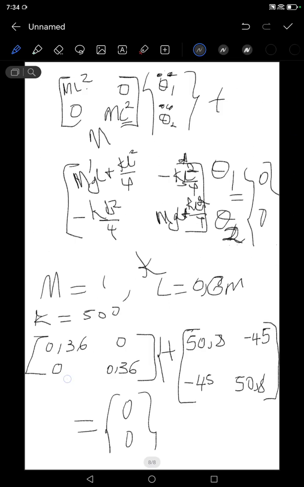Okay, so this is our mass, this is our stiffness. So in our equation, remember we have K equals to m to the power of negative half K multiplied by m to the power of negative half. So wherever there's m, we're gonna use this matrix, the 0.36, 0, 0, 0.36, and wherever there's K, we're gonna substitute with this.